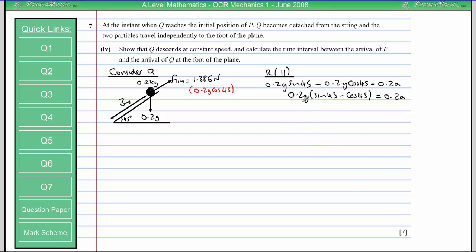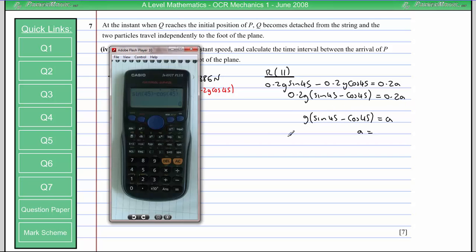Once we've done that, we can see clearly that we can do a bit of cancelling with this 0.2. So we get g times sin 45 minus cos 45 equals a. So in a bracket here we've got sin 45 minus cos 45. Now if you know your exact values for trig well enough, you'll know that this bracket is going to equal 0.